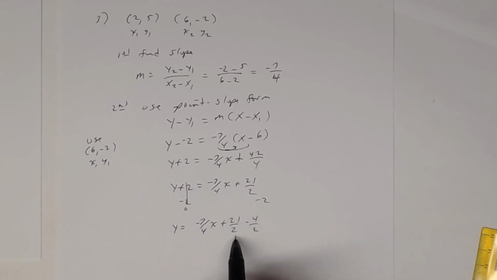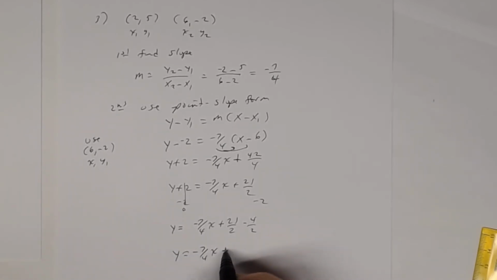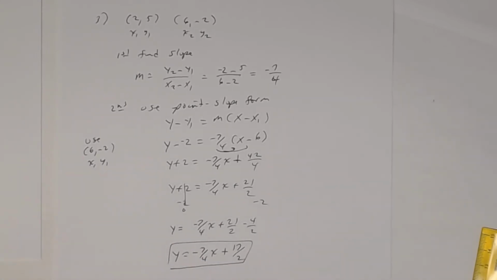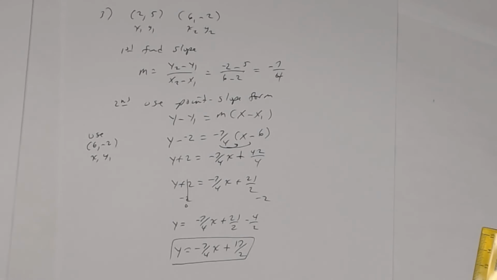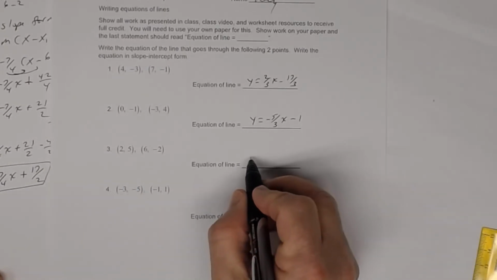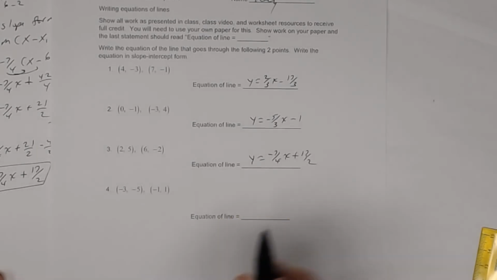Combining 21 halves and negative 4 halves, 21 minus 4 is 17. So I get y equals negative 7/4 x plus 17 halves. All right, and so that is the equation of the line that goes through these 2 points. So y equals negative 7/4 x plus 17 halves.